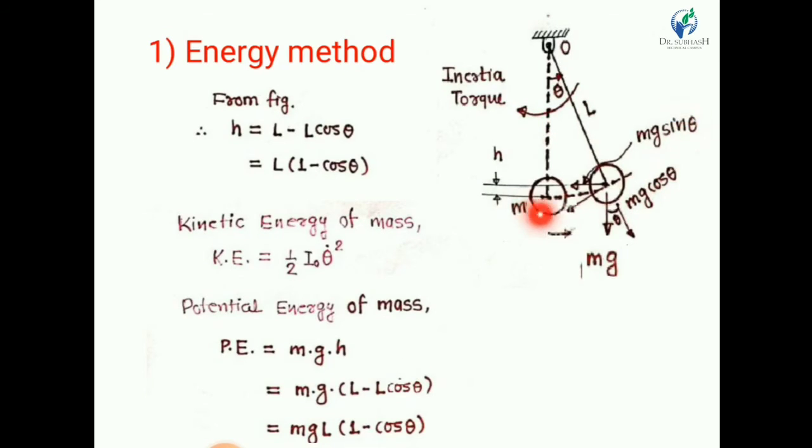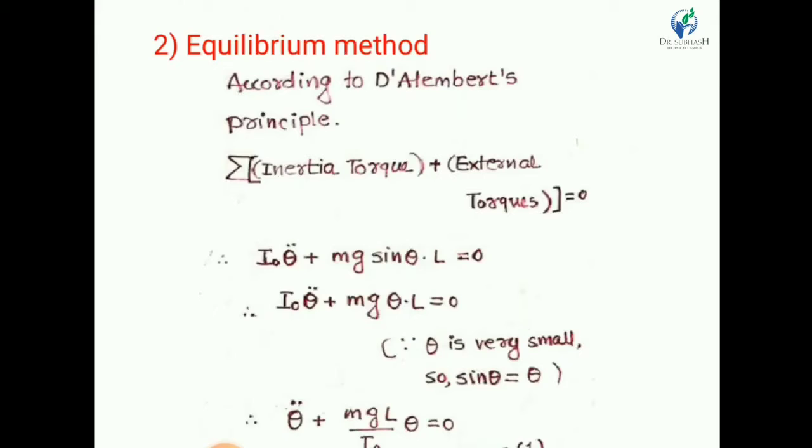So this is the resisting torque and this is the torque because of mg. By using this equation, summation of inertia torque plus external torque is equal to 0. Now inertia torque is nothing but I into theta double dot. Inertia torque is Io into theta double dot.